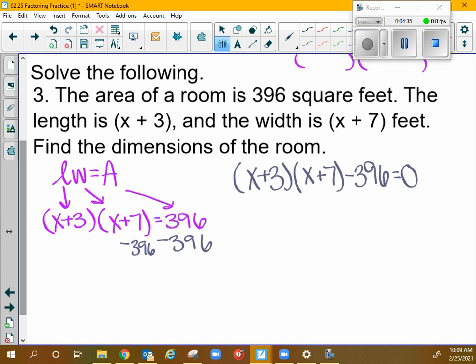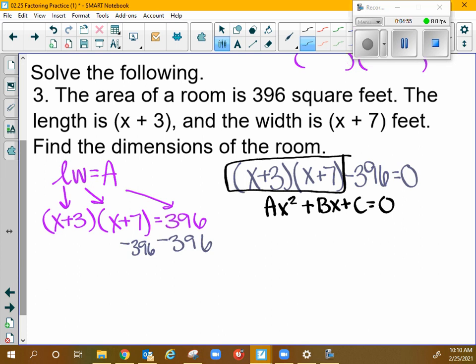I need to turn it into standard form and then refactor it. Because once I move 396 over, these are not my factors anymore. Those are the factors of the original. So we need to multiply this to figure out what we're really dealing with. So x plus 3 times x plus 7.